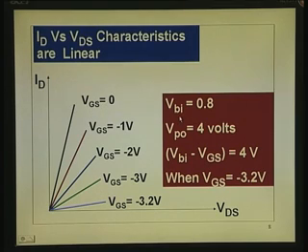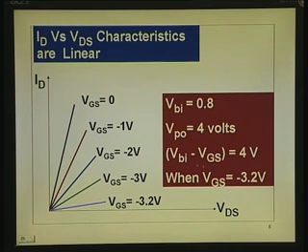I am taking a typical case where V b i is 0.8 volts, V p 0 is 4 volts. So, if V b i is 0.8 volts, when V g s equal to minus 3.2 volts reverse bias, the total quantity will be this 0.8 volts V b i, and this is minus 3.2. So, 0.8 minus 3.2, that is 4 volts.